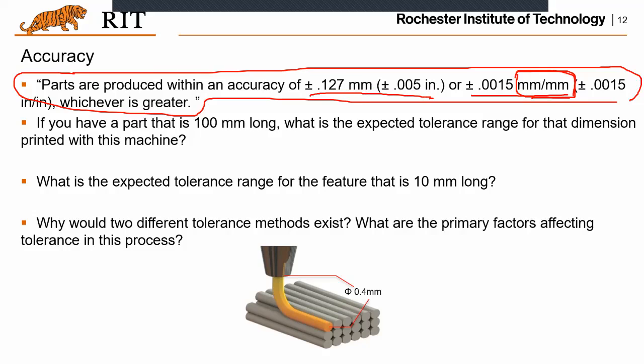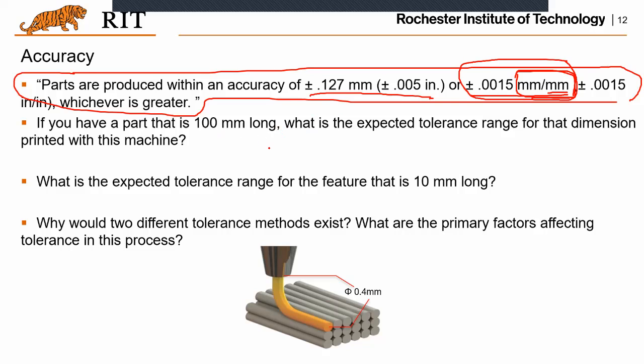And the second number suggests the printing error from the shrinkage of the parts. That means per millimeter of print, there will be 0.0015 millimeter shrinkage. So that's why you have these two numbers.